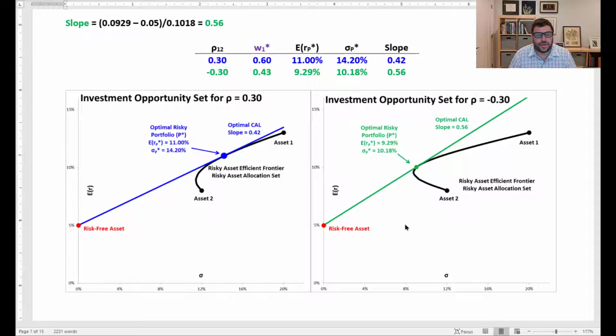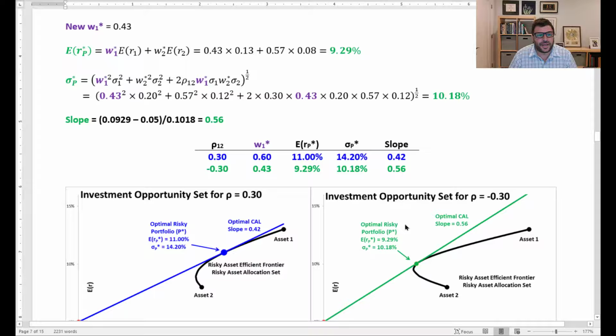And so when I calculated the W1, when I calculated where I wanted to be on this curve to achieve the optimal sloped CAL for the assets with 30% correlation, I had around a 60-40 portfolio. I had 60% of my money in asset 1 and only 40% in asset 2. But now I'm going to have 43% of my money in asset 1 and 57% of my money in asset 2.